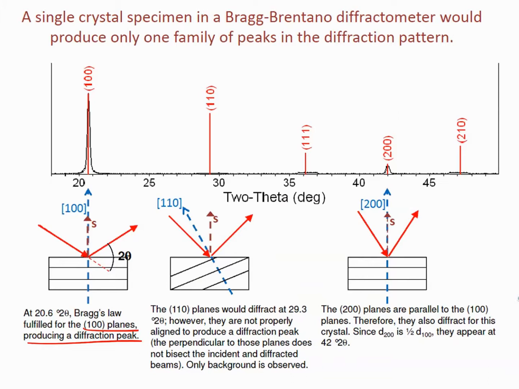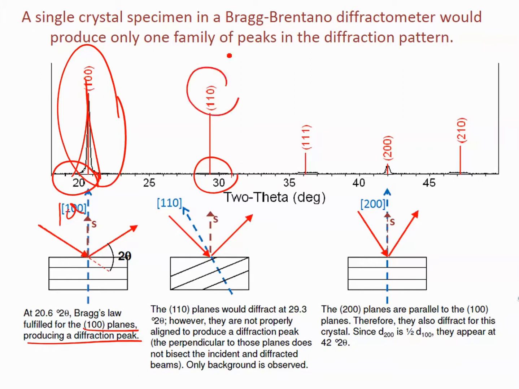So basically, it's a very basic technique to show that this peak corresponds to the 100 plane when it reflects at about 20 degree. When it reflects at about 29 something, 29.3 is actually referring to the 110 plane.